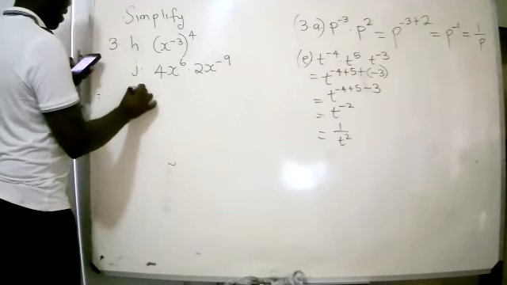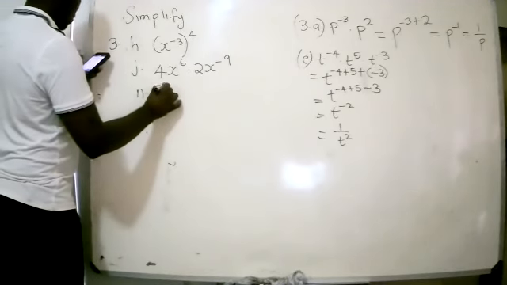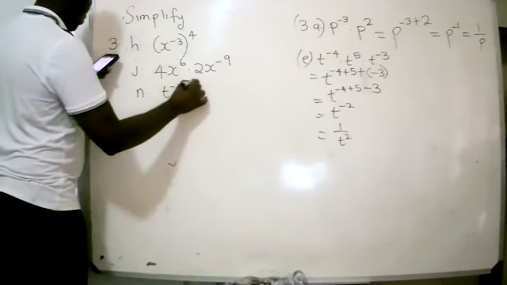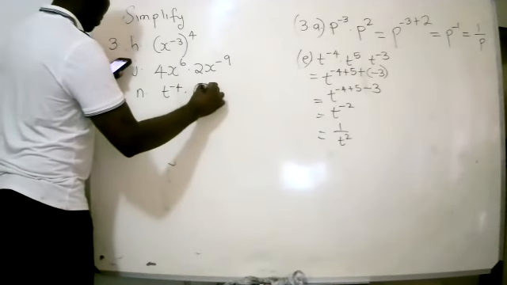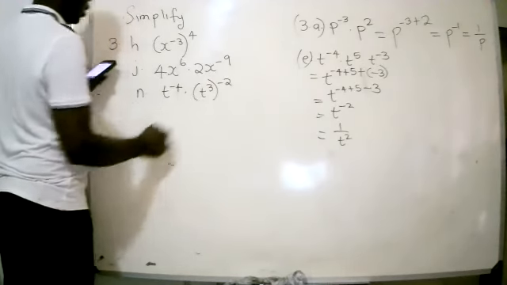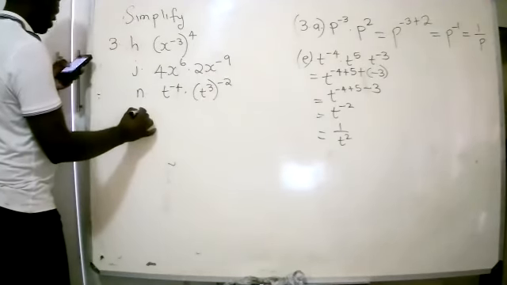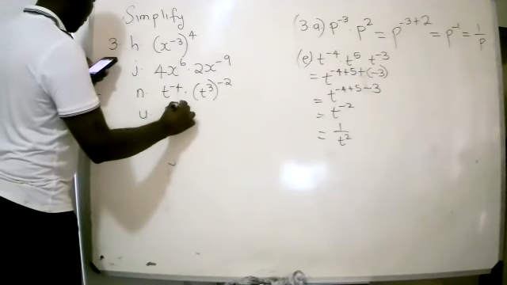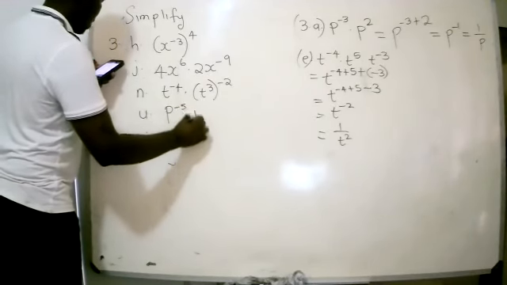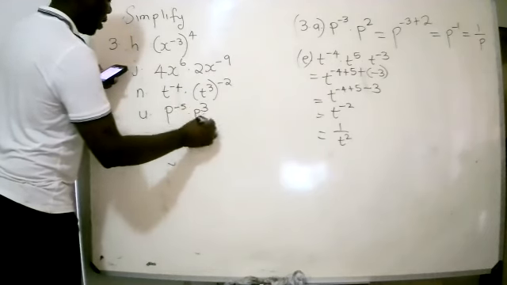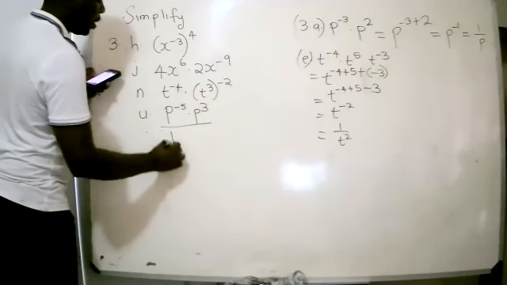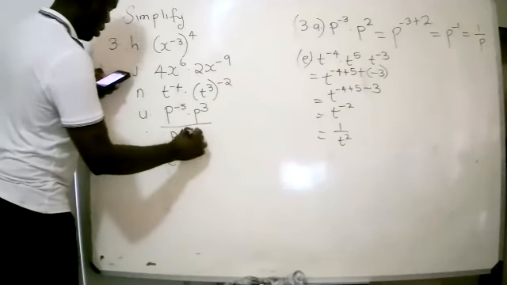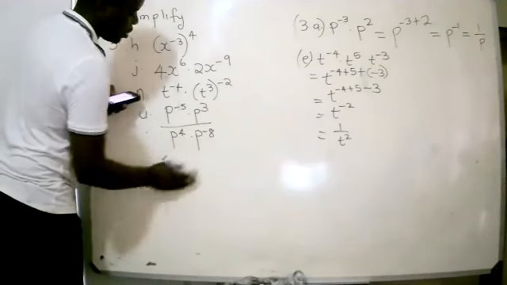And then question number N, we have t to the negative 4 multiplied by t to the power 3 to the negative 2. And then the last question is question number U, which is p to the negative 5 multiplied by t to the power 3, all divided by p to the power of 4, p to the power negative.